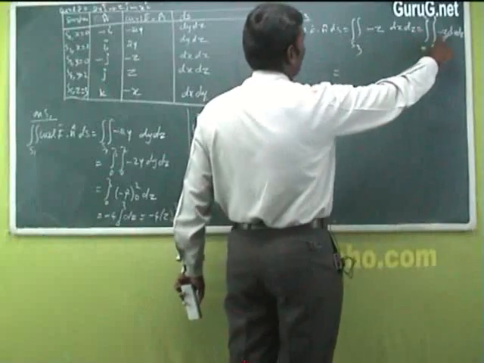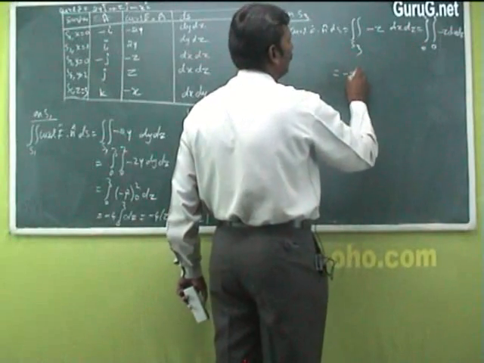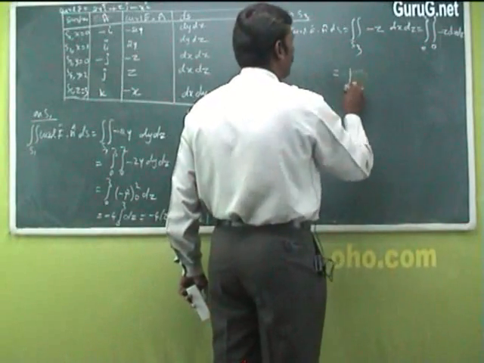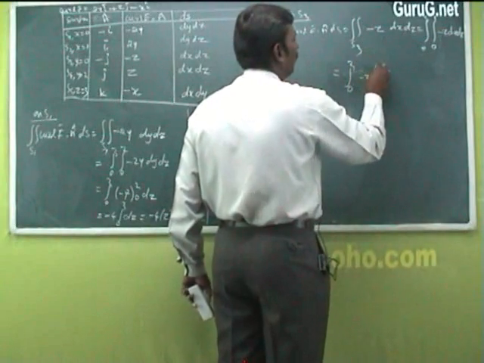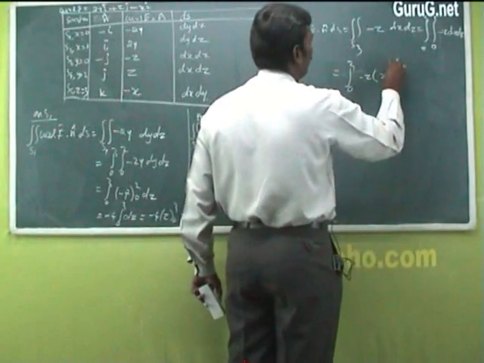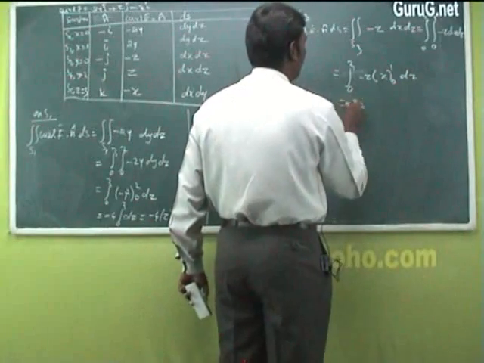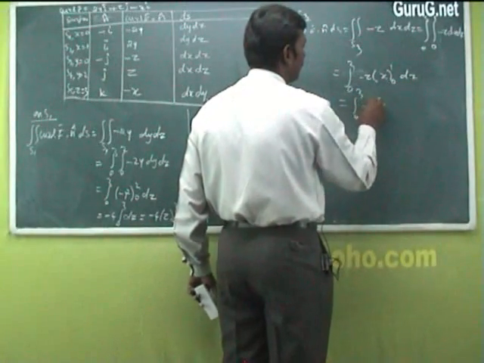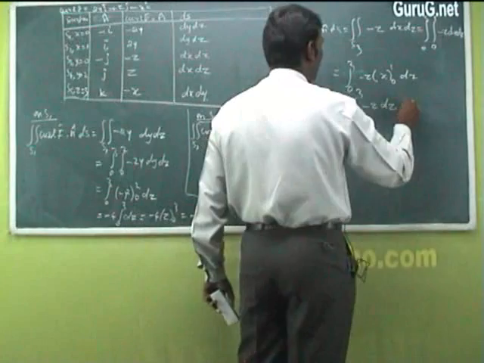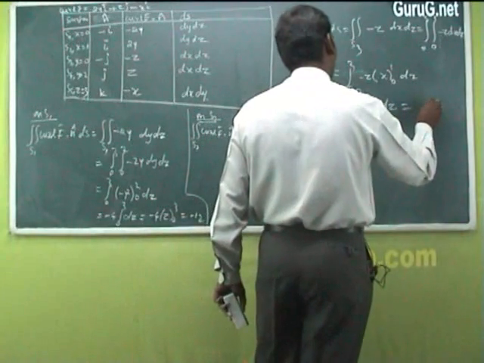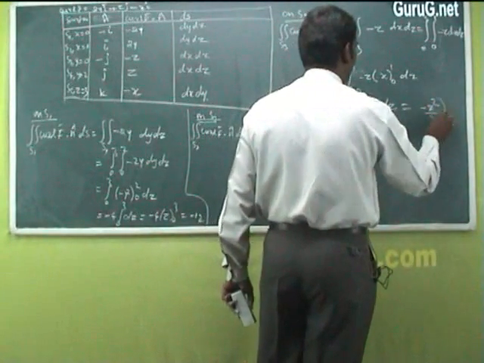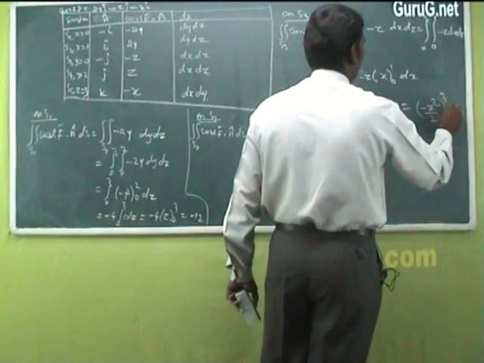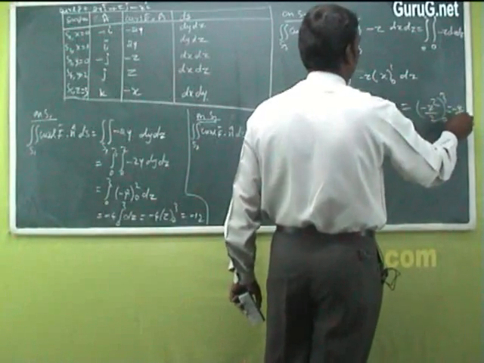So integrate with respect to x, minus z into x, 0 to 1 dz, so into 0 to 3, so minus z dz, so integrating, minus z squared by 2, 0 to 3, which is equal to minus 9 by 2.